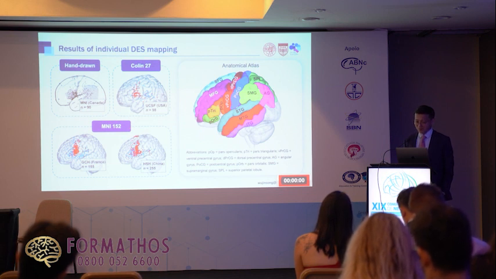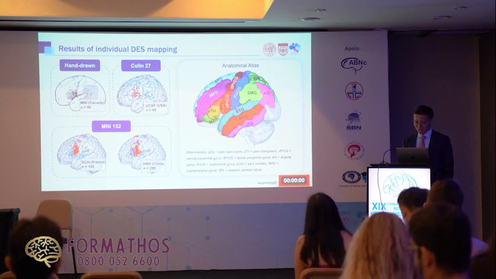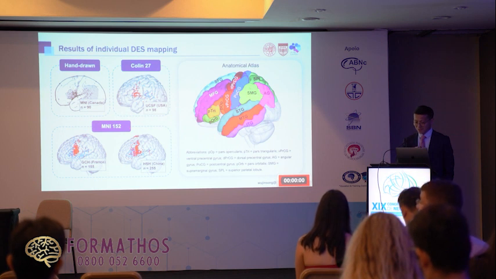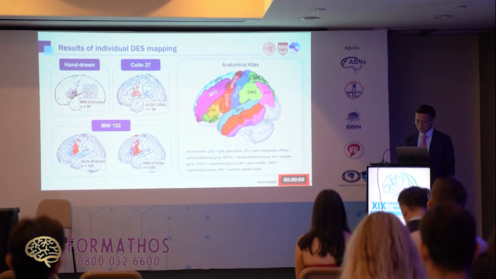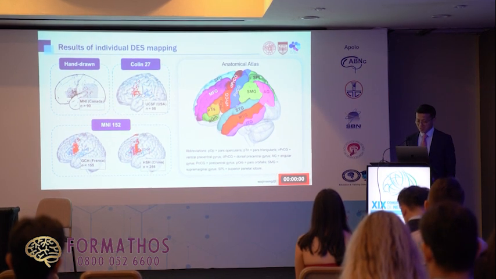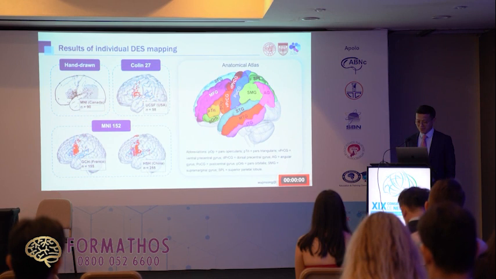And the UCSF team usually uses the Colin 27 template, and we used the SPM normalization algorithm to project the positive sites from the Colin 27 template to MNI template 152. Finally, all speech arrest sites were labeled with reference to the anatomical landmarks on the right.